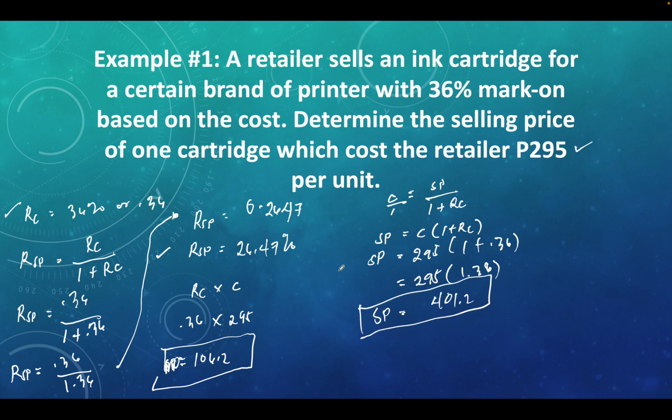So, as you can see, pagka-add natin yung nakuha nating amount na mark on based on rate based on cost, which is 106.2, doon sa cost natin, so yung cost is 295 plus 106.2, that is equivalent to 401.2, which means tama yung nakuha natin dito na 106.2.